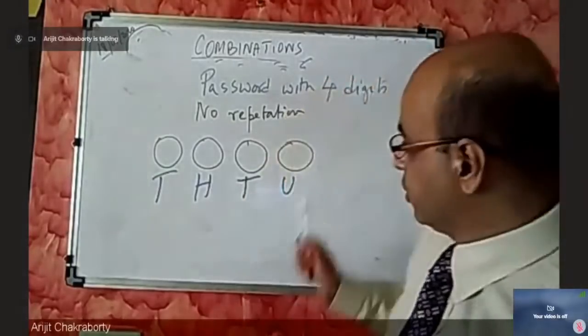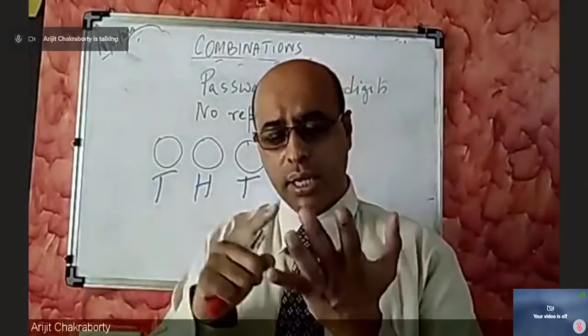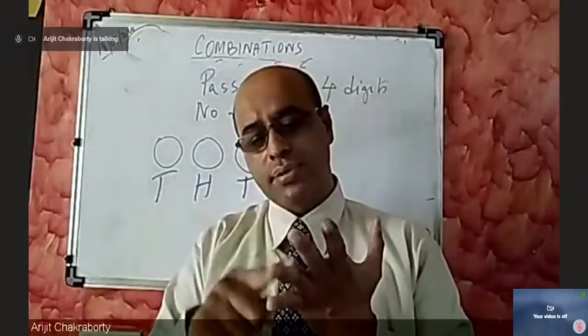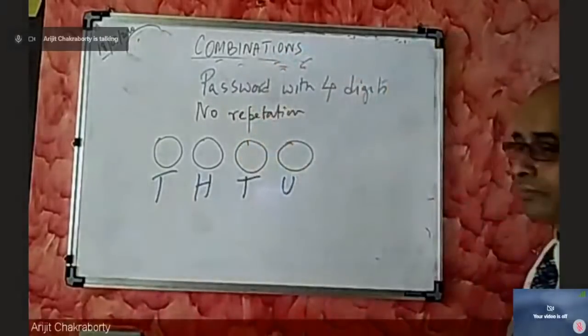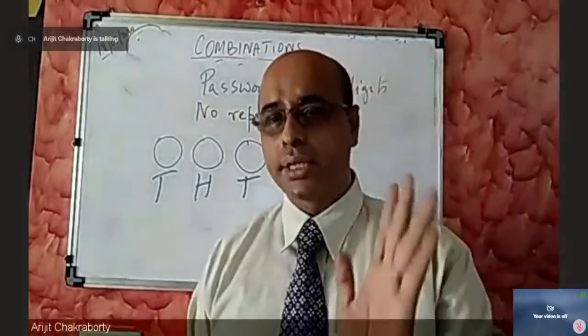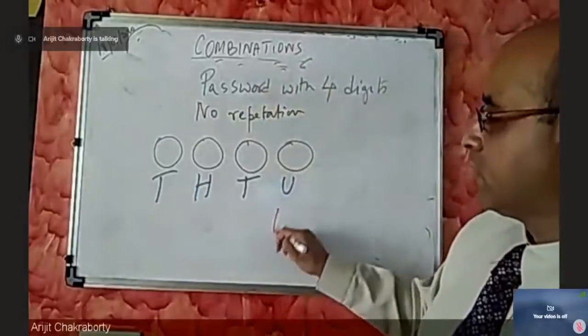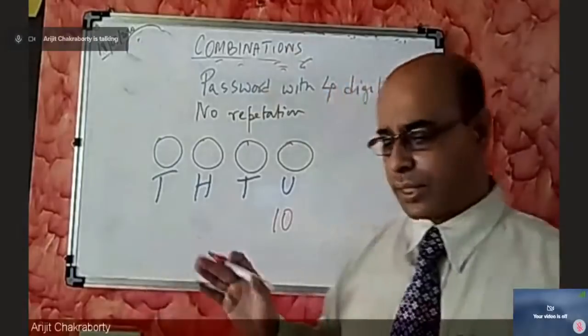For the units place, how many numbers do you have? 1, 2, 3, 4, 5, 6, 7, 8, 9 and 0. You can take any of them. So how many digits do you have? 10 digits. So the units place can be filled in 10 ways. Any digit can be taken, 10 digits.